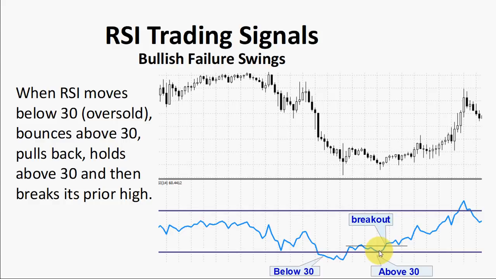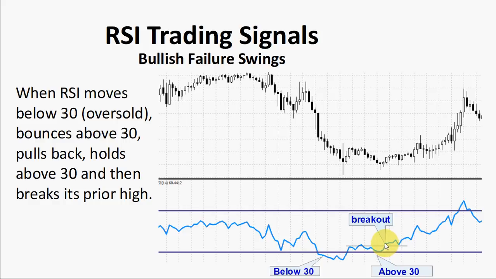So the second time of asking, it cannot go below 30 and goes on to break its former high. So it dips, RSI dips below 30, bounces above it, makes a high, and then tries again to go below but couldn't, and stays above 30 and goes on to break its former high. This is a breakout for you. This is a buy signal.